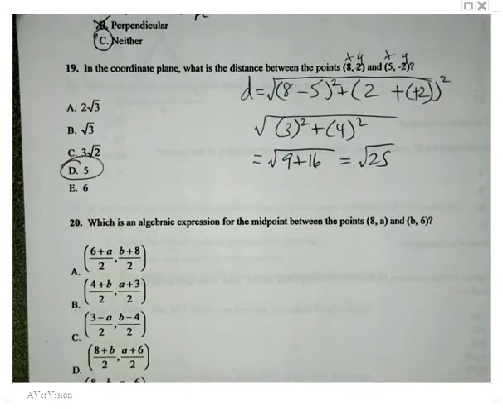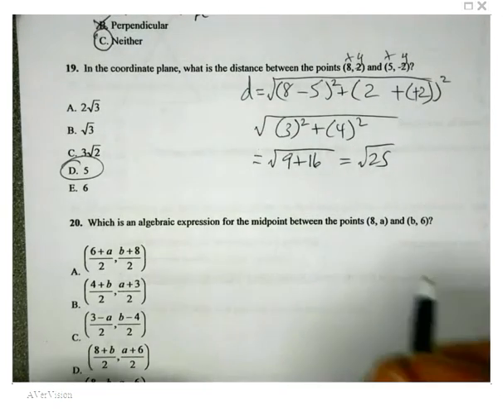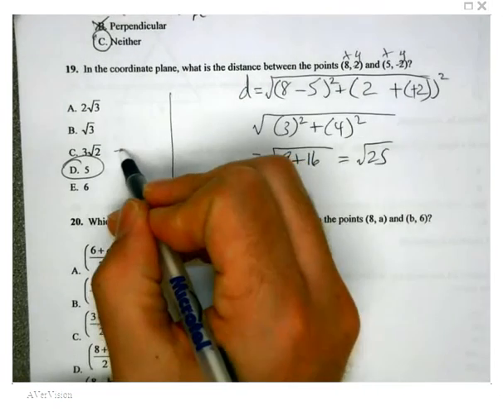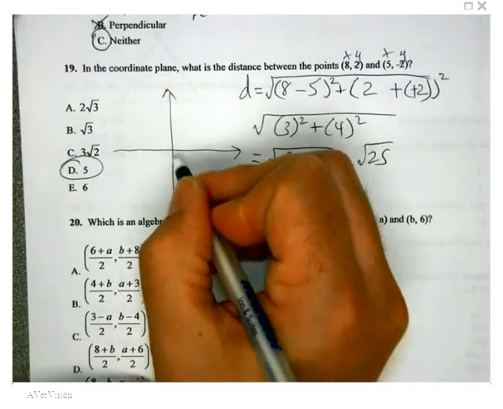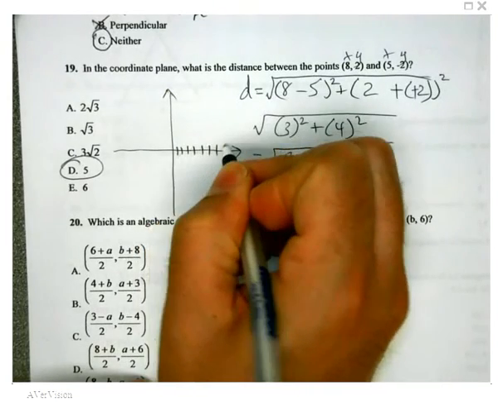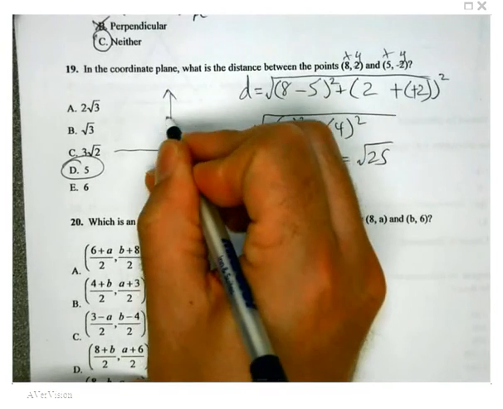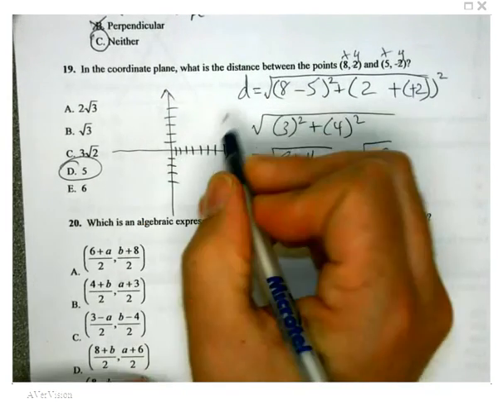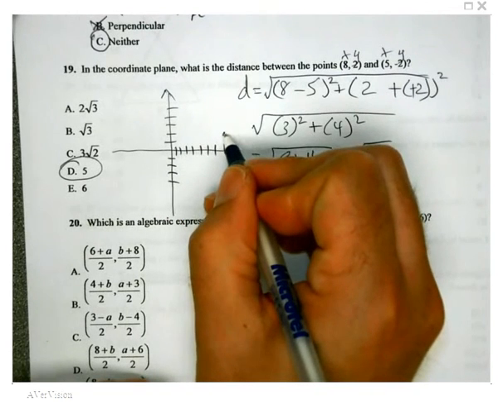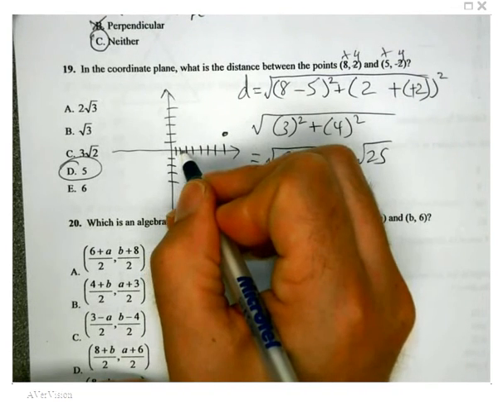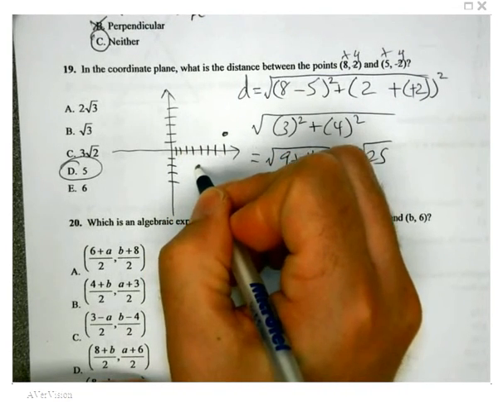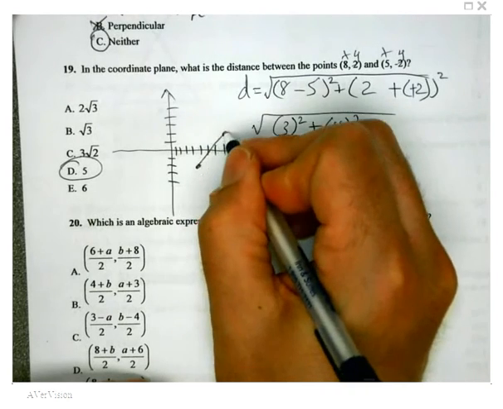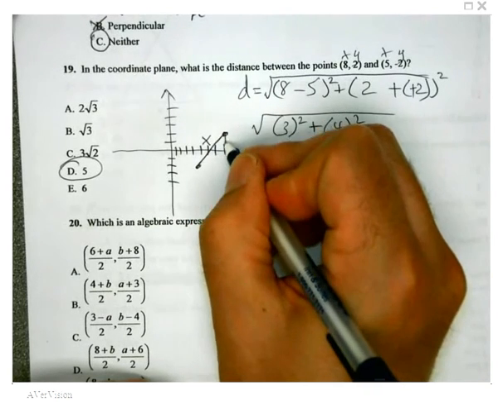But again, I could draw a picture on this if I wanted to, and I will. I'll make a quick sketch here. So if I were to actually plot the points 8, 2, and 5, negative 2, and connect those, that would be my hypotenuse.